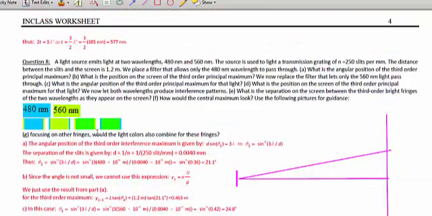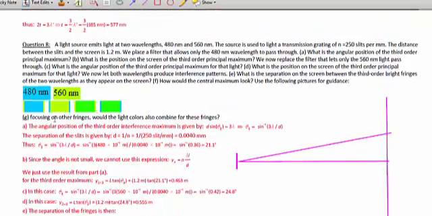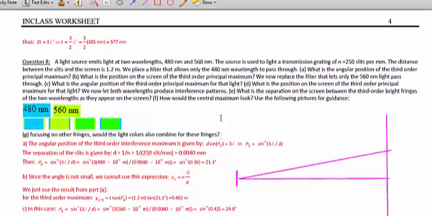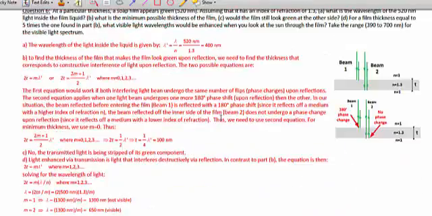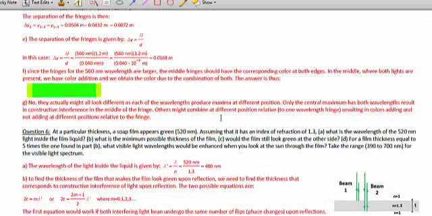Now, question G, focusing on other fringes, would the light colors also combine for these fringes? For question 5, we said they might combine for some, they might not combine for others. Where they combine is going to differ relative to which bright fringe it is.